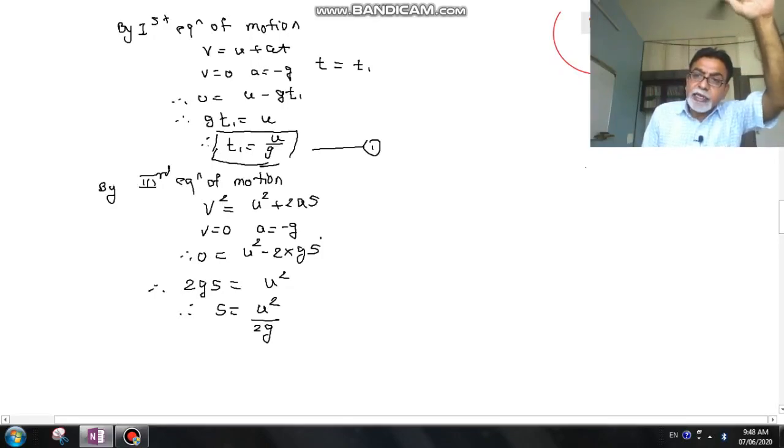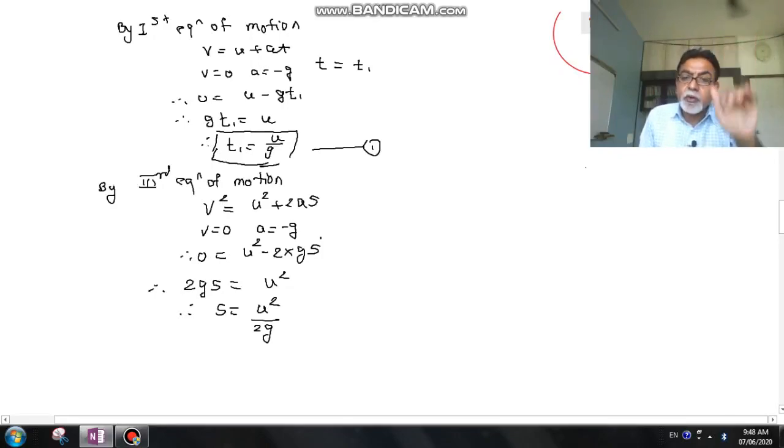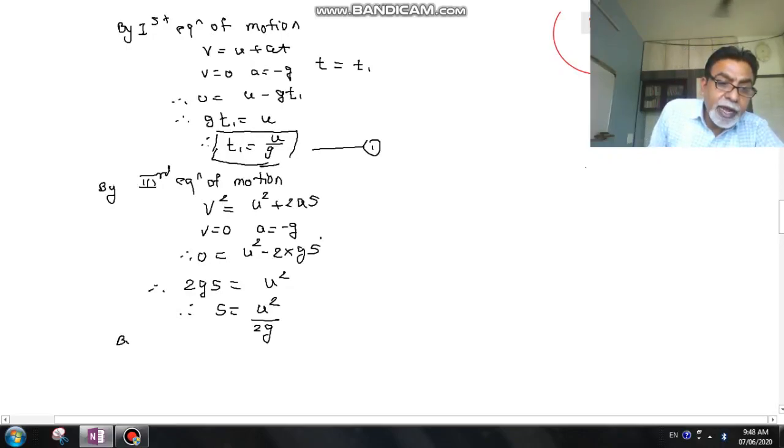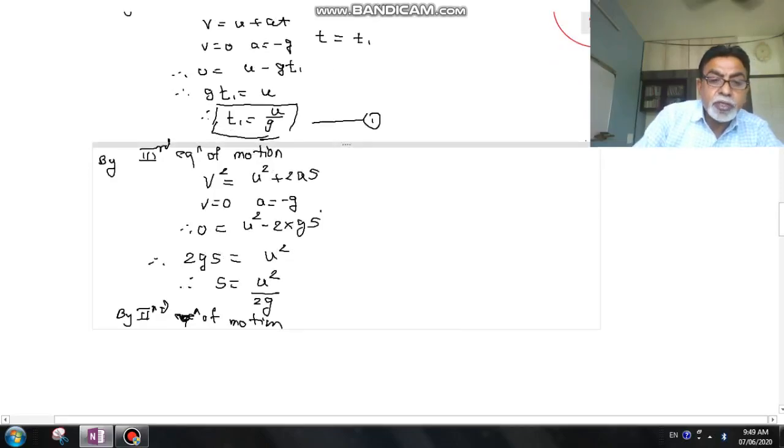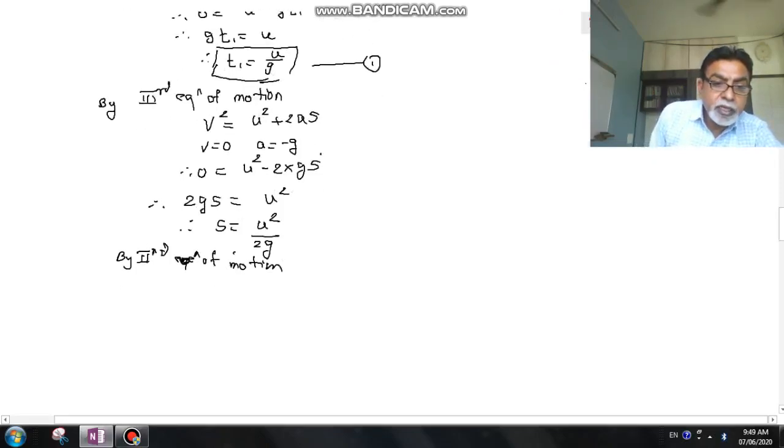After attaining that height, it will come to rest there and start to come down. We'll now calculate the time taken by that object to come down, as its downward journey starts, and here we'll use the second equation of motion. Do you remember the second equation of motion? s is equal to ut plus 1/2 at square.